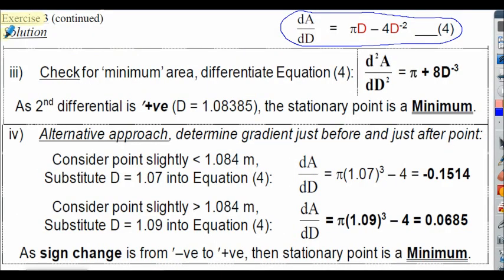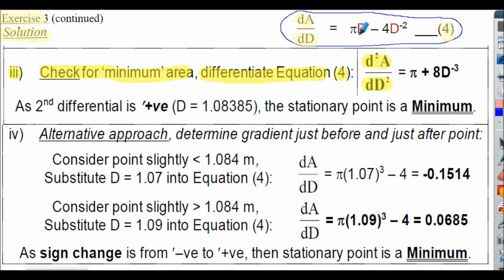Exercise 3, solution continued. Just repeated equation 4 here on the right hand side for the first differential of dA by dd, purely for ease of reference. So now in step 3 here we're going to check for the minimum area, differentiate equation 4 above, form d2A by dd squared.